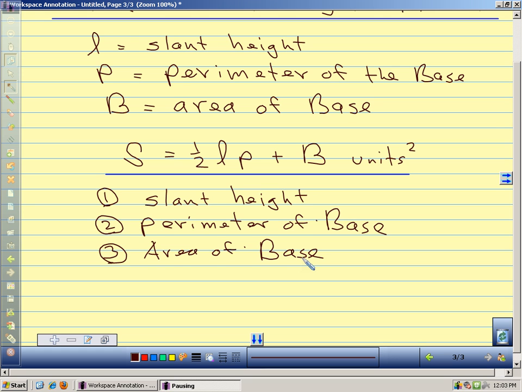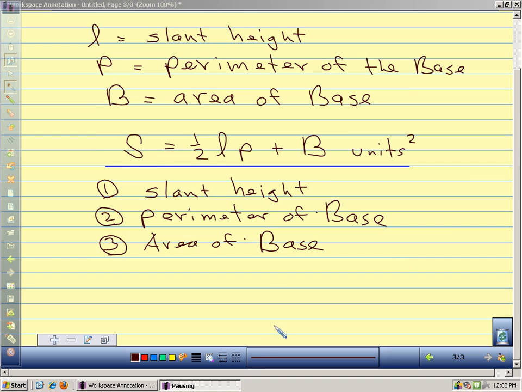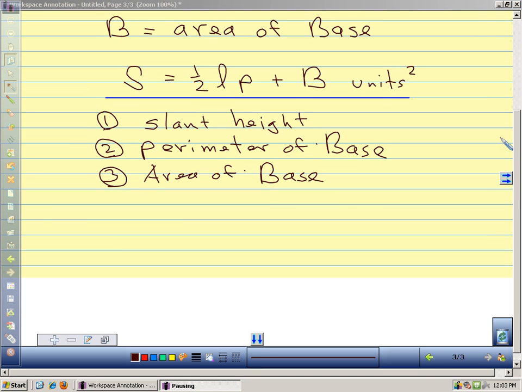So let's do an example of calculating with this formula, and then we'll get to our volume formula. And then I'll give you an important shortcut for pyramids. We have a flip book that we're going to get in the next couple of days. Let me draw a picture here.